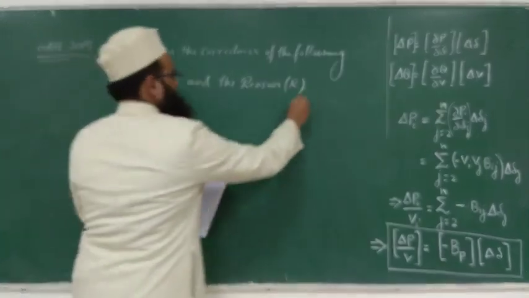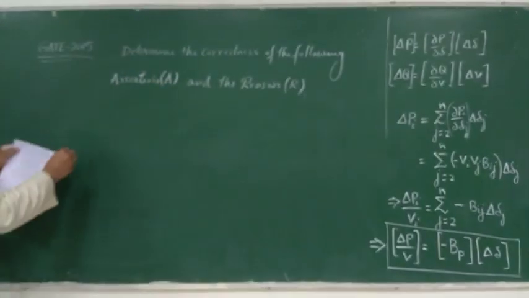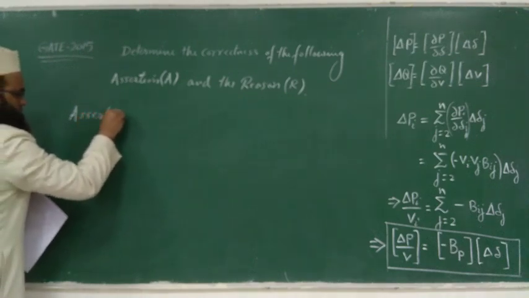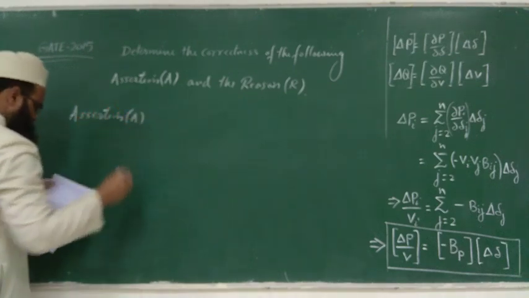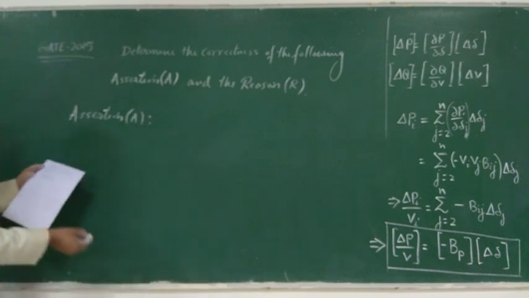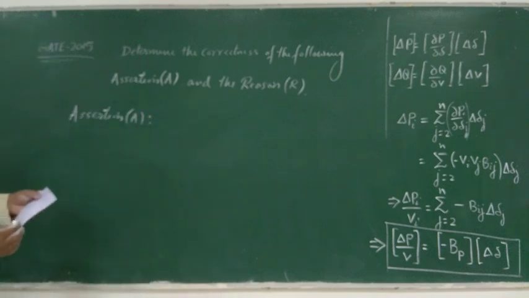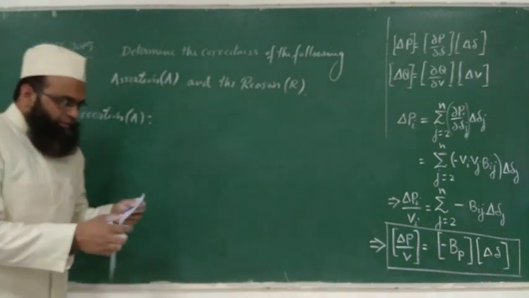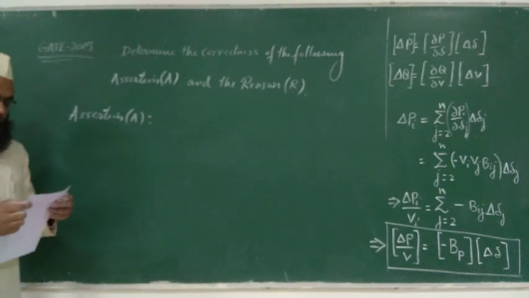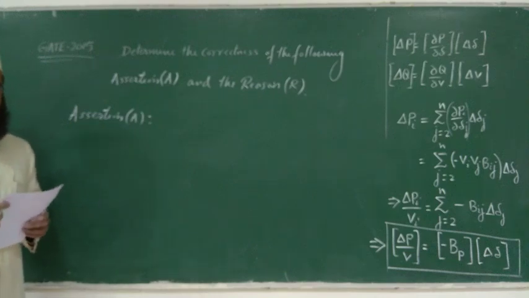So this A, I am writing here. I am writing the reason also. Fast decoupled load flow method gives approximate load flow solution because it uses several assumptions.